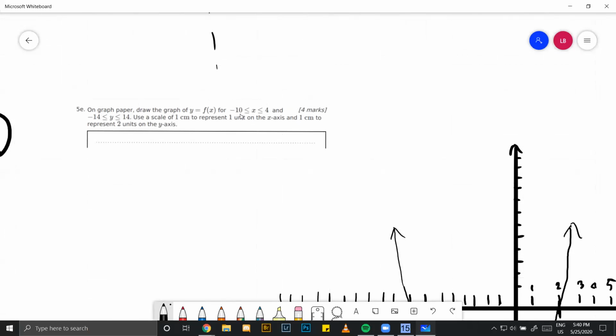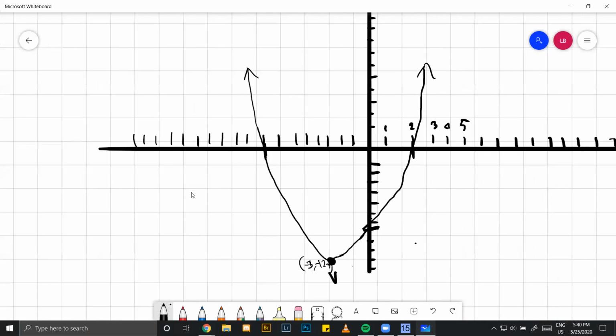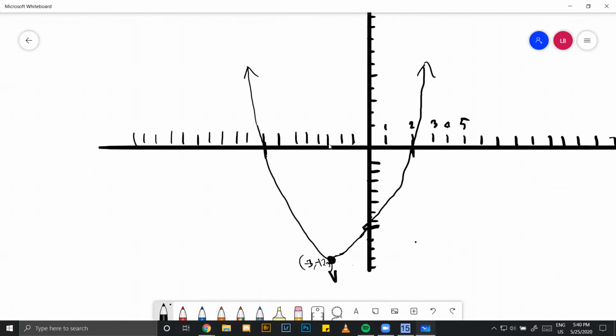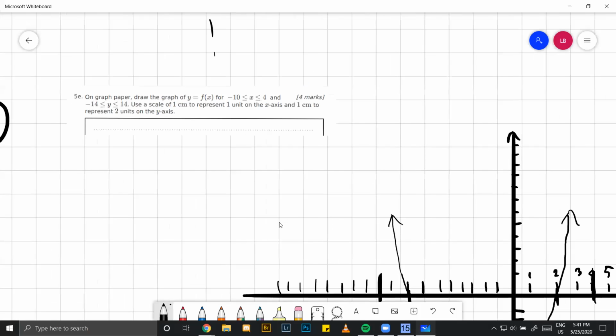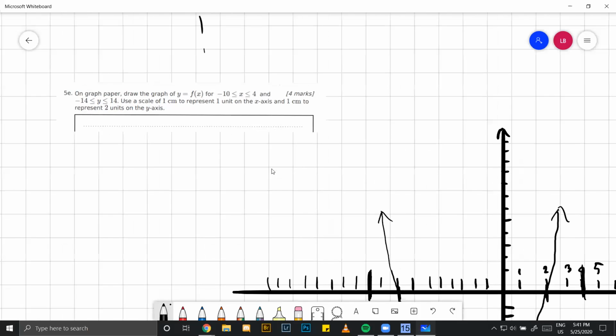The other thing is the restriction. For x, they want -10 to 4. So they want us to have a restriction at -1, -2, -3, up to -10, and also restricted at 4 over here. And for the y values, they want -14 to 14.